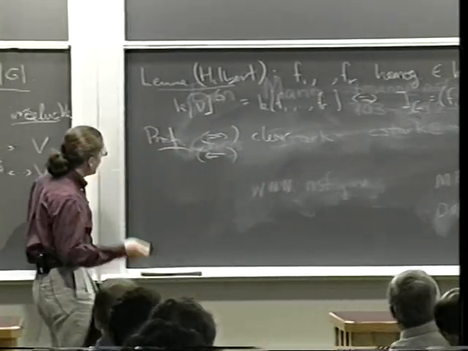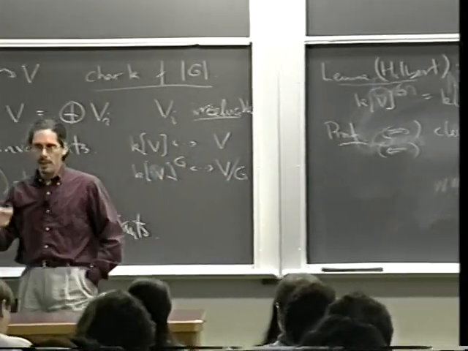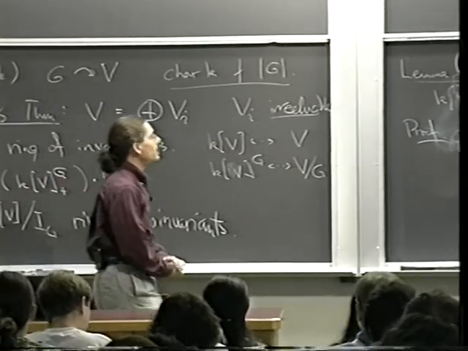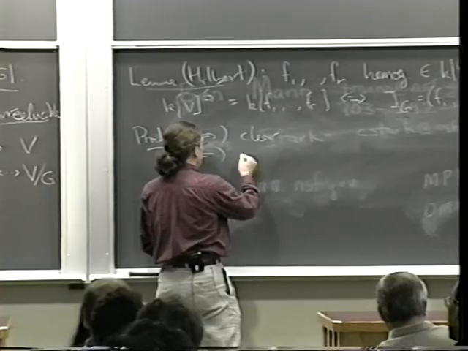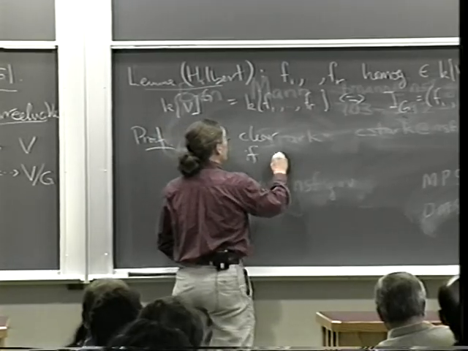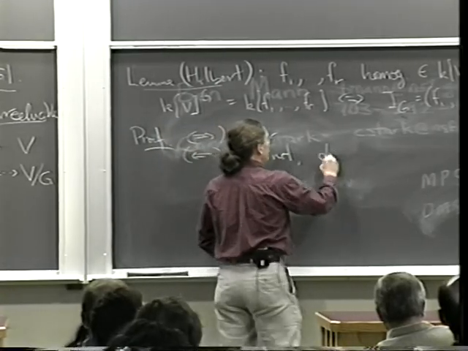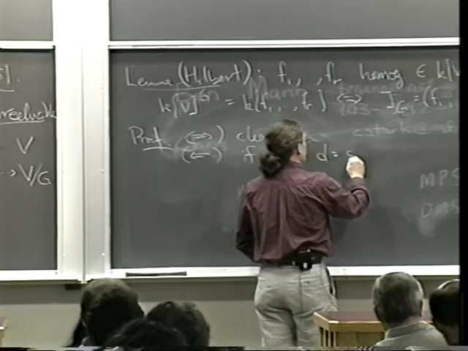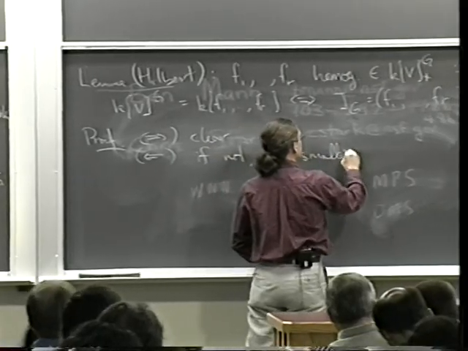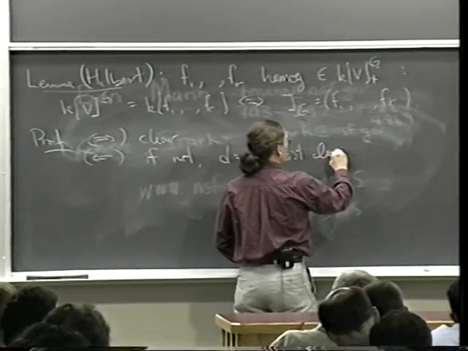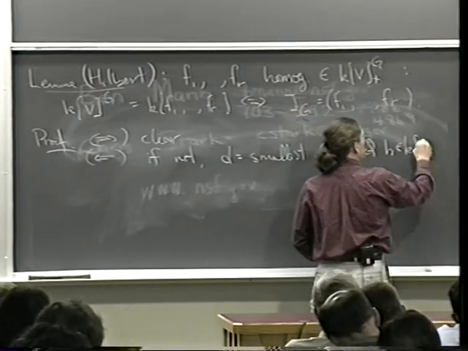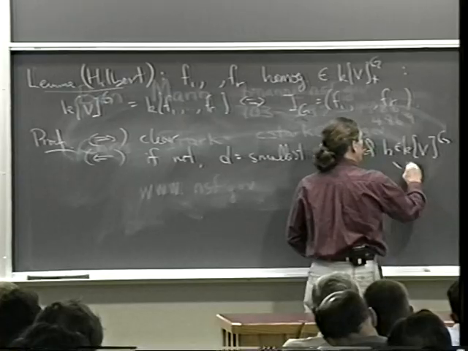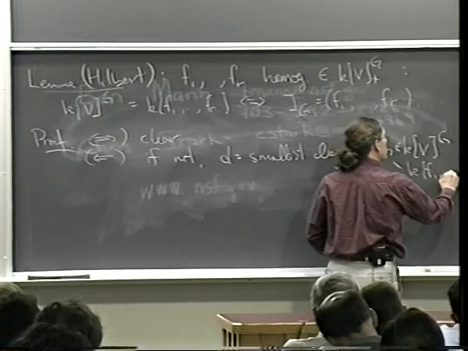And this direction, what you do is you proceed by induction on the degree, in effect. So you say, well, suppose, right, if not, let d equal the smallest degree of some element h that's in the ring of invariants, but not in the subring generated by the F's.